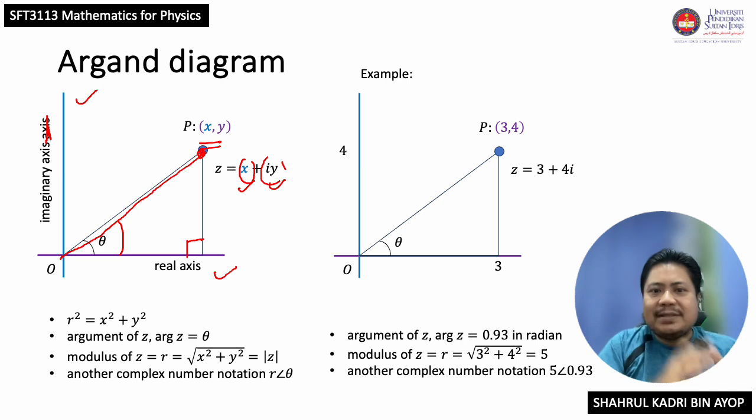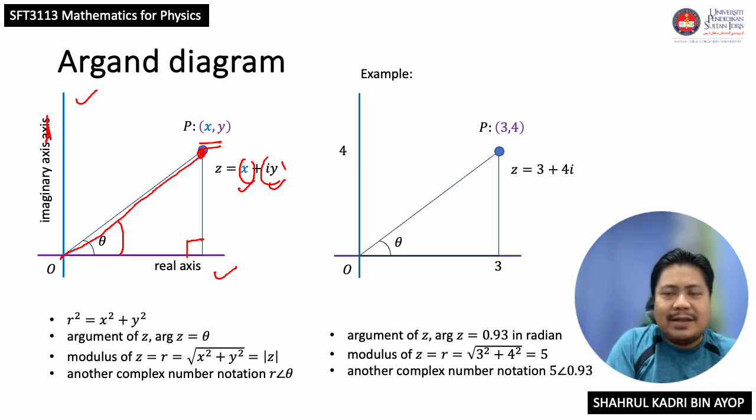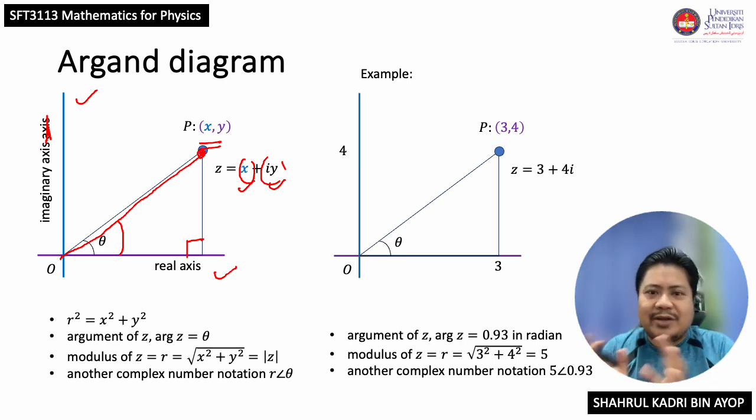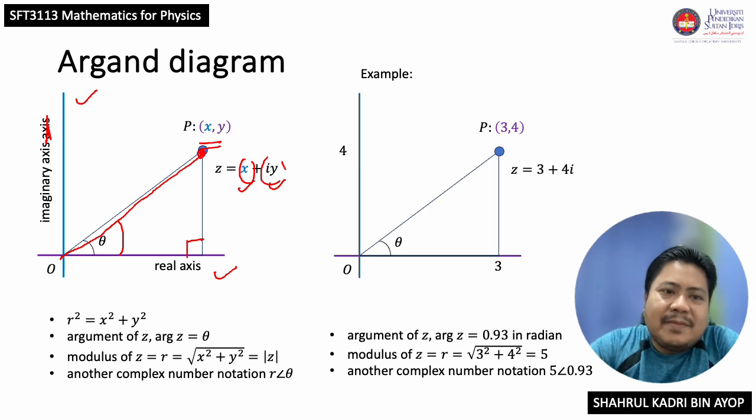That means a complex number can be connected with trigonometry. From that property, the square of the distance from the origin is equal to x squared plus y squared.